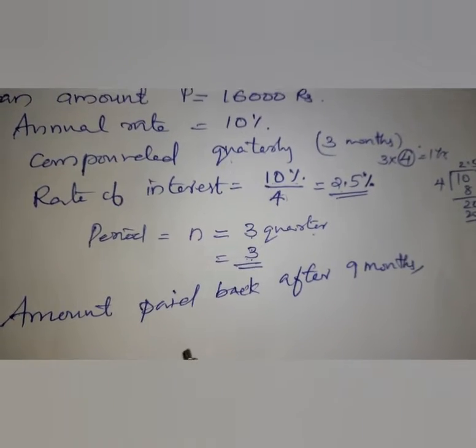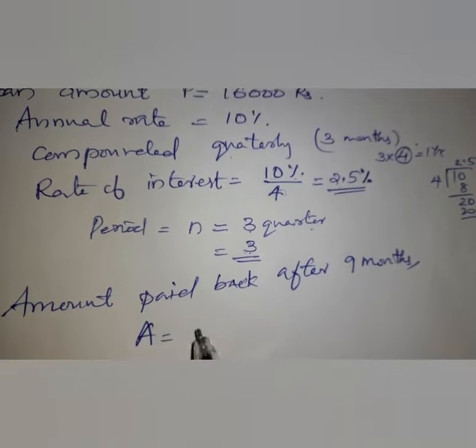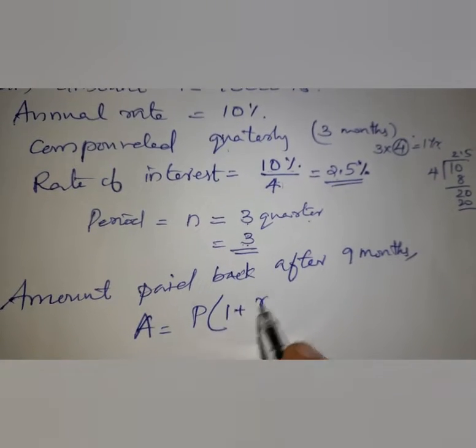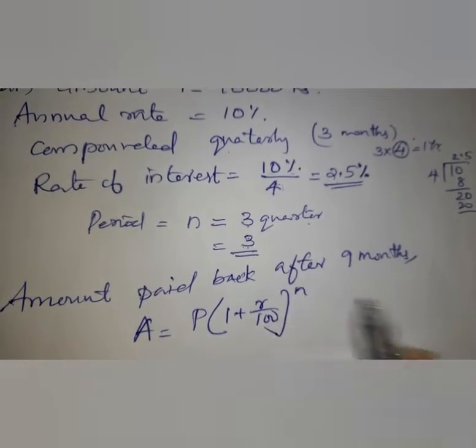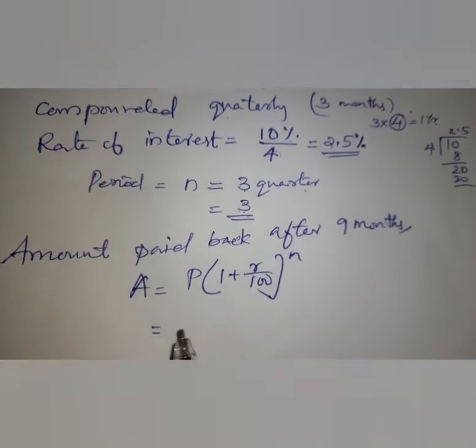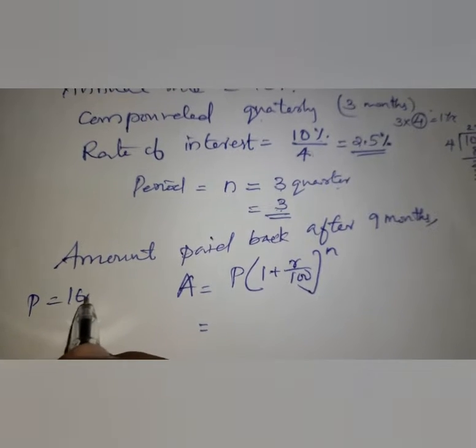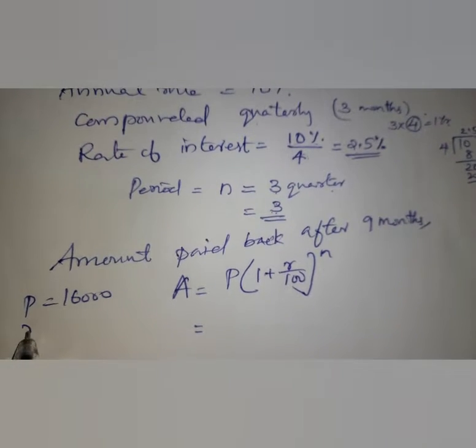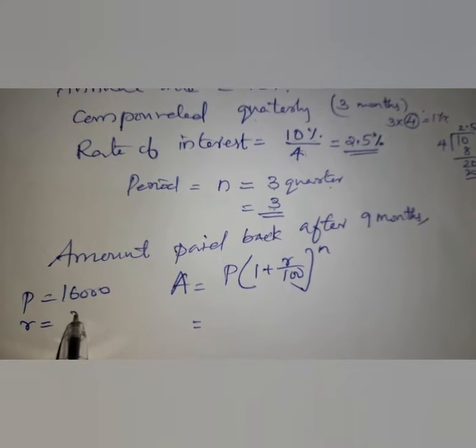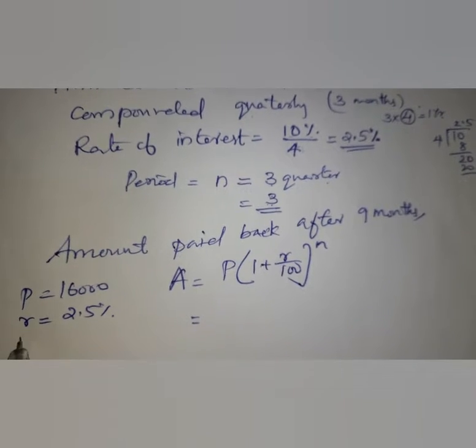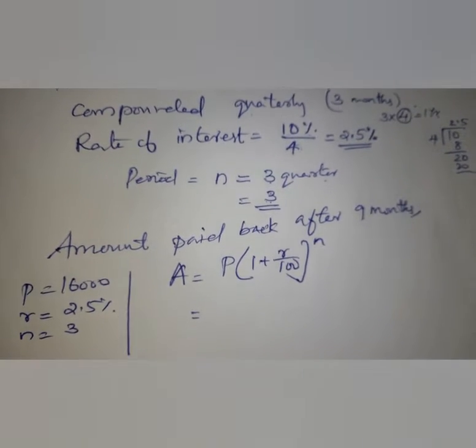So A is equal to P into 1 plus R by 100 raised to N. That is our equation. So how much is the principal amount? Principal amount is 16,000. Rate of interest is how much? 2.5%. Number of times is 3 only.